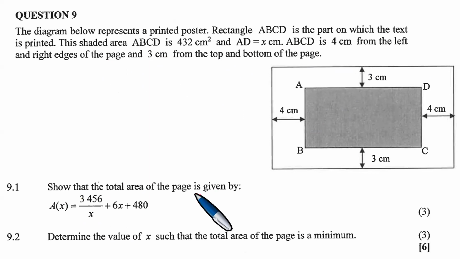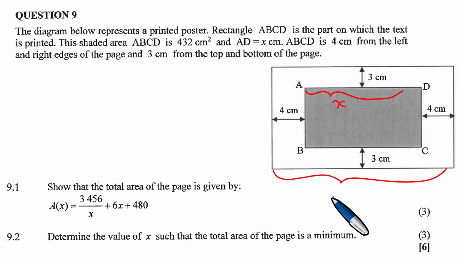Show that the total area of the page is given by this. A couple of things we need to take into account is the notion of area. If the examiner has already said that AD is X, then moving from here to there is X, but this is 4, which means the width is X plus 8.